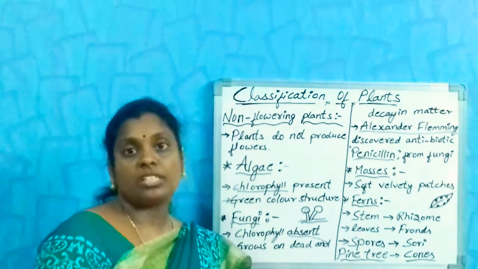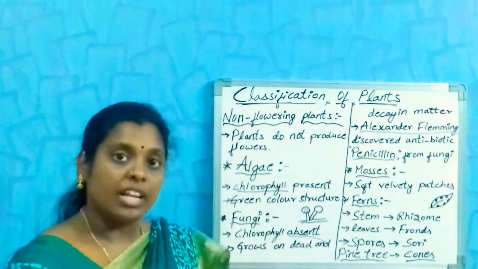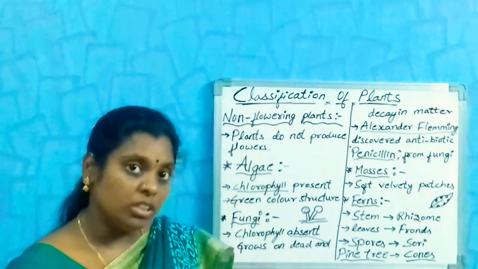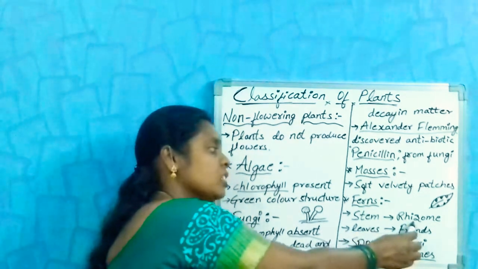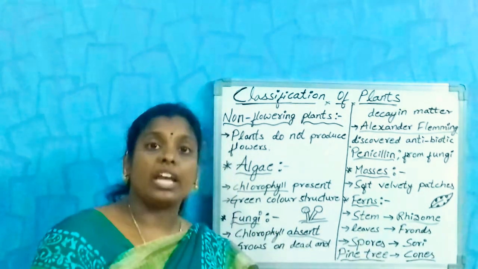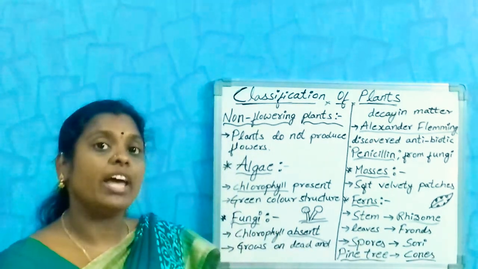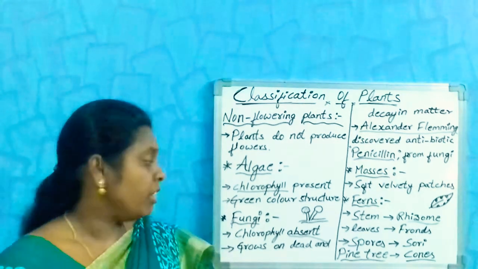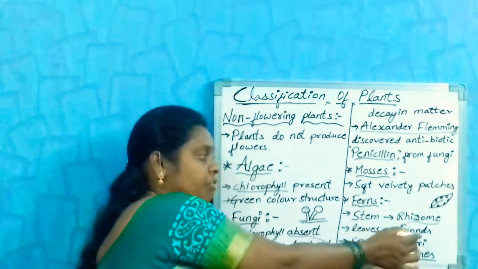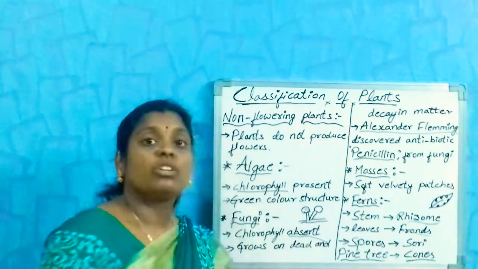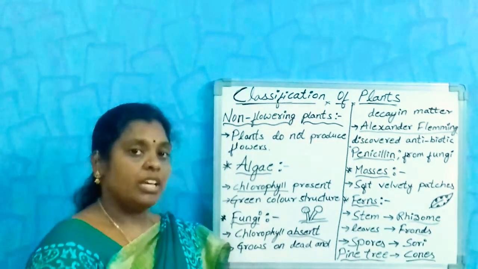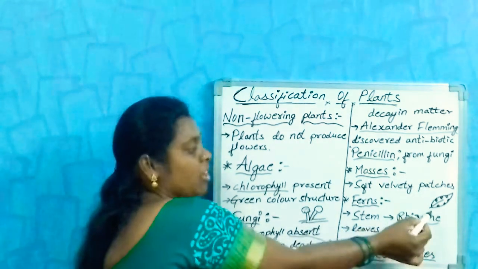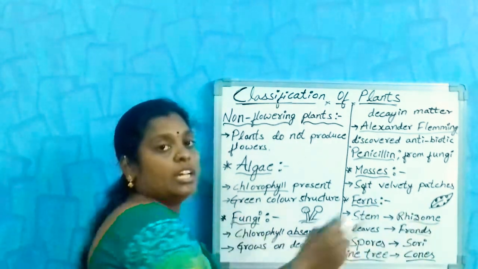Their stem is present underground. The stem of the fern plant we call a rhizome. Whereas the leaves are called fronds. F-R-O-N-D-S, fronds. So, this is the leaf of this fern plant.